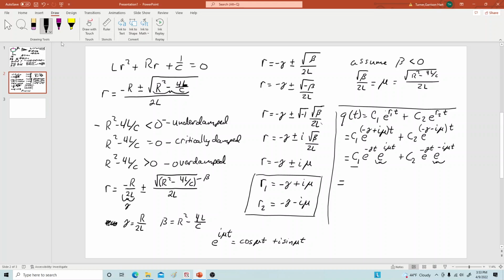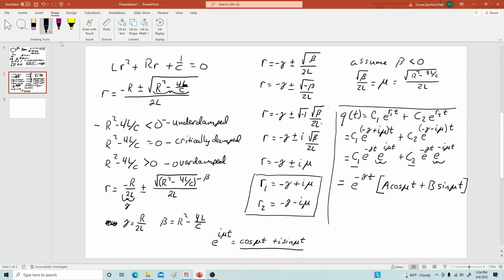We have two undetermined constants, but I can factor out the e to the negative gamma t, and I'm going to switch constants from C1 and C2 to A and B. This is the same thing, using the fact that these imaginary exponentials can be written as sines and cosines. I'm going to write this as A times cosine mu t plus B sine of mu t.